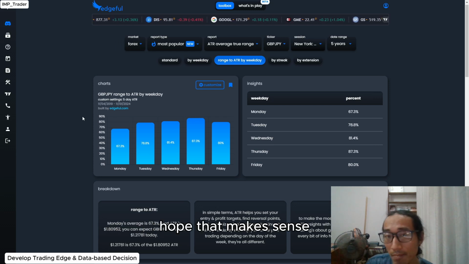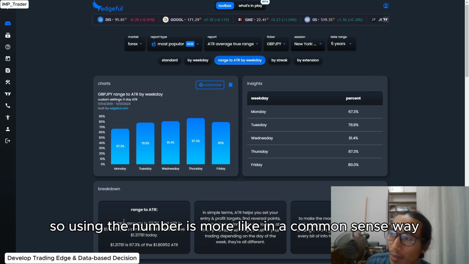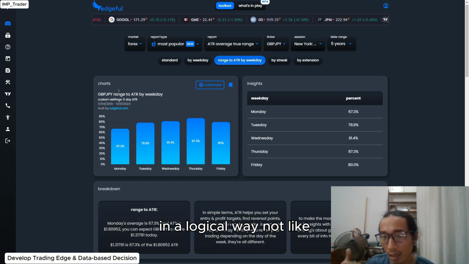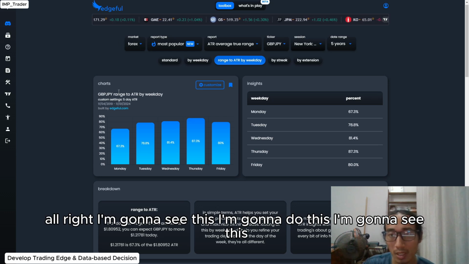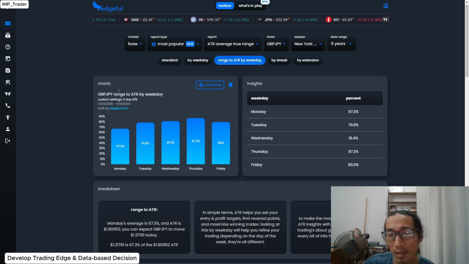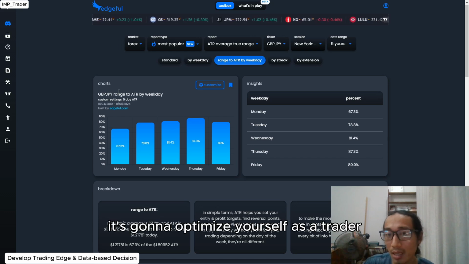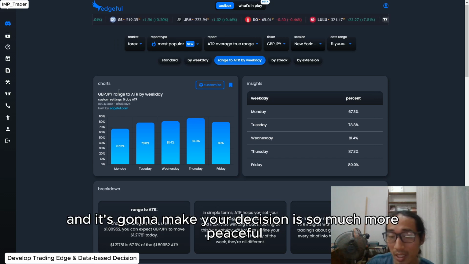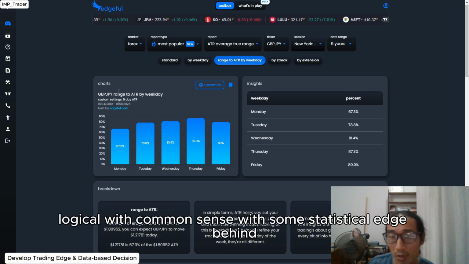Hope that makes sense. So using the numbers is more in a common sense, logical way, not like, all right, I'm going to see this, I'm going to do this, I'm going to see that, I'm going to do that. The data is going to optimize yourself as a trader, and it's going to make your decisions so much more peaceful, logical, with common sense, with some statistical edge behind.